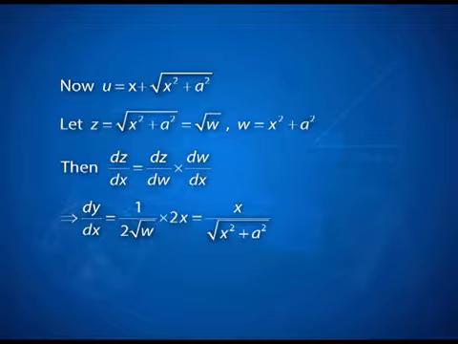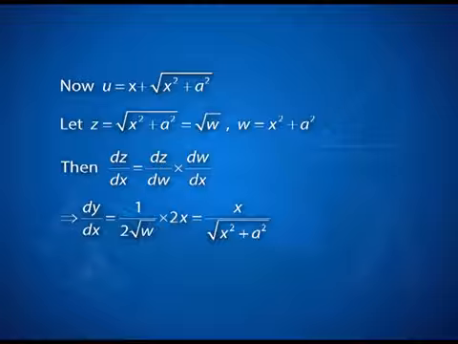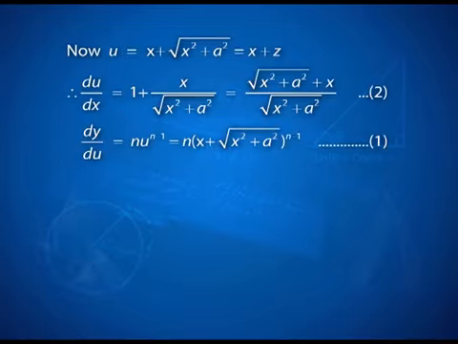Put back the value of w and you have the derivative of z with respect to x. So, our u, which was nothing but x plus z, has the derivative ready as 1 plus x by root x square plus a square, which may be rewritten again.